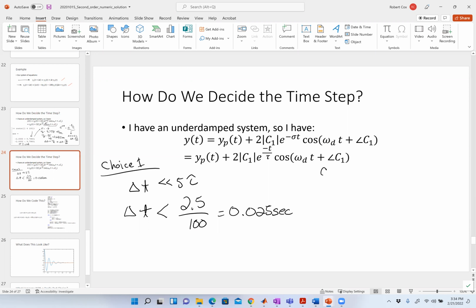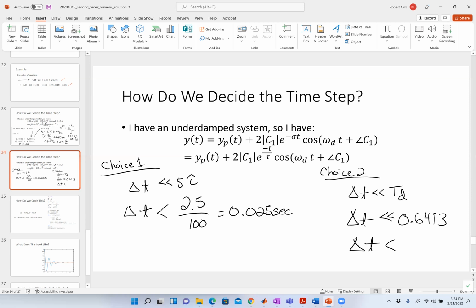And then choice 2 would be the delta t much, much less than whatever that period is, much, much less than 0.6413, which says if I use that factor of 100, that becomes 0.0064 seconds.